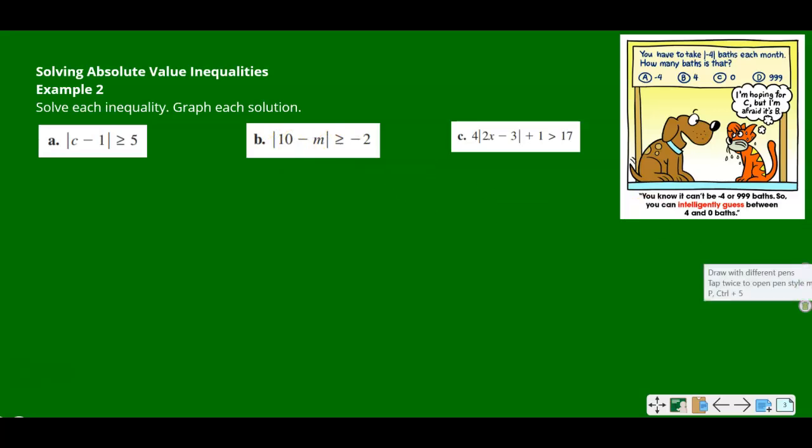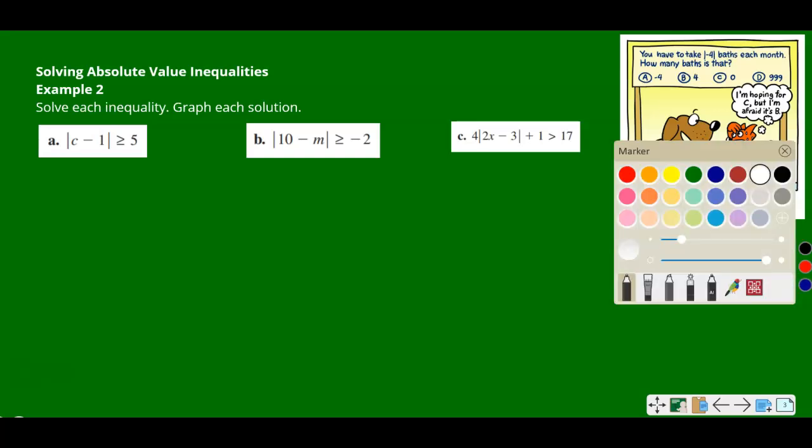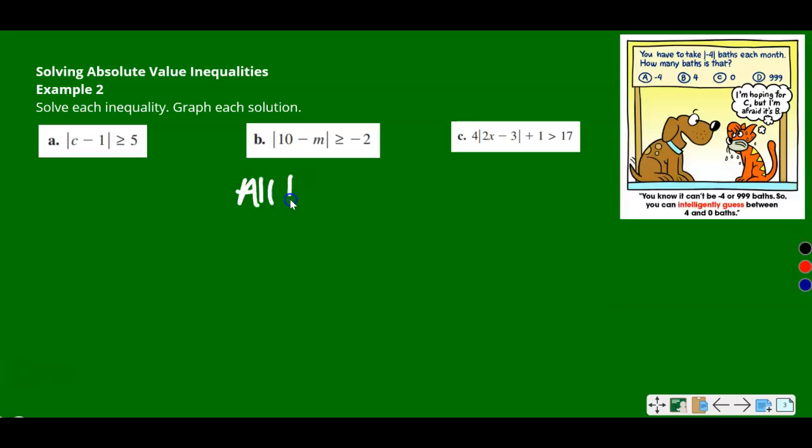So this one, if you think about it, you don't have to do anything. All you can do is say this one's going to be all real numbers. Sometimes you'll see me write it like this: all reals. So all real numbers or infinitely many solutions.